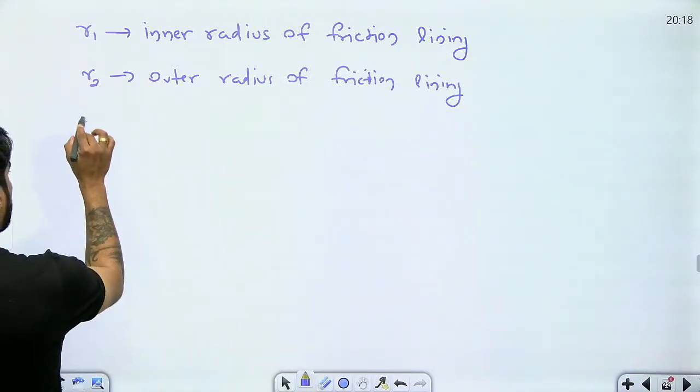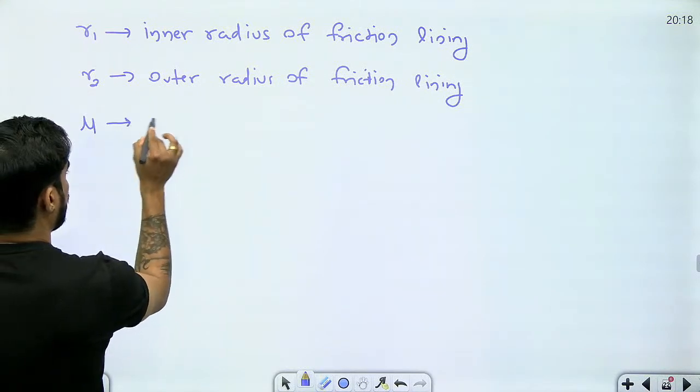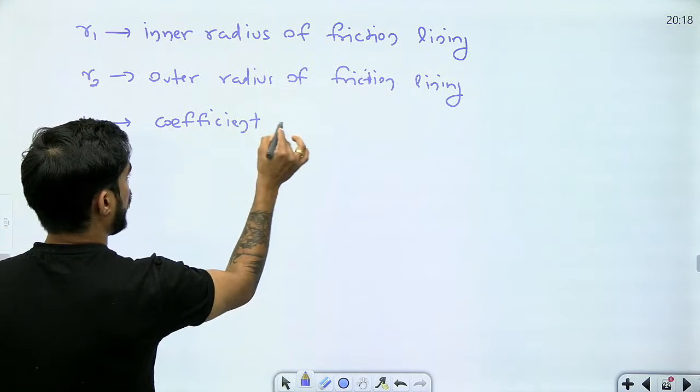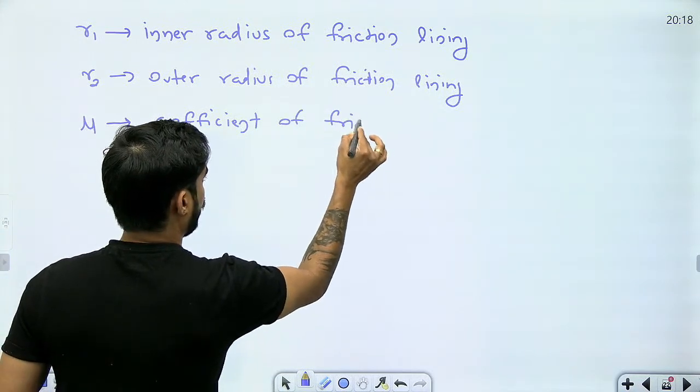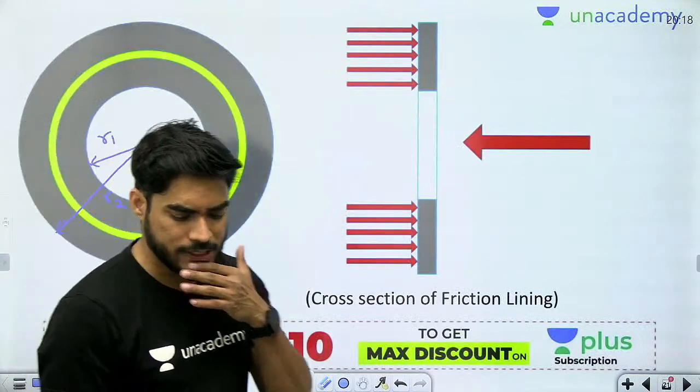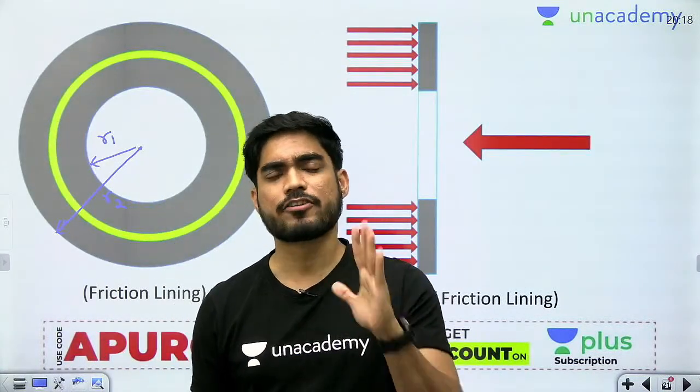Mu is the coefficient of friction, which will depend upon the material of the friction lining. So I will use a material which has a high coefficient of friction.